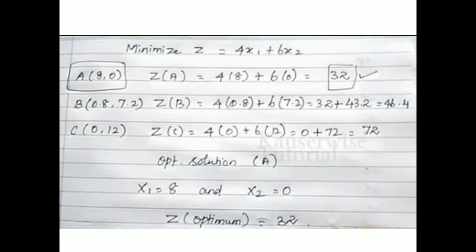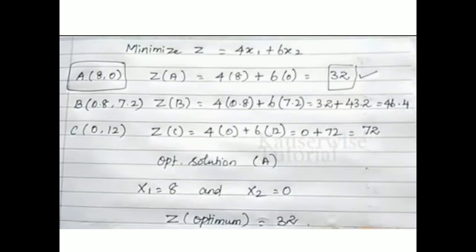Now, since the question is of the minimization type, meaning minimize the objective function, I need to check which of the three objective function values is the minimum. As can be seen, for point A the objective function is minimum, that is 32 among all three.